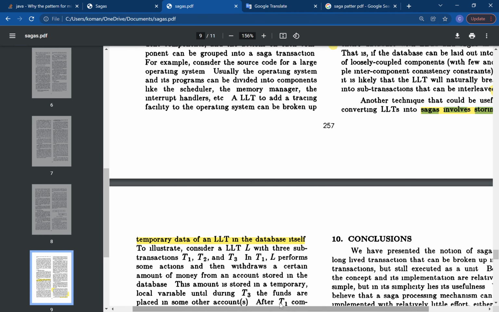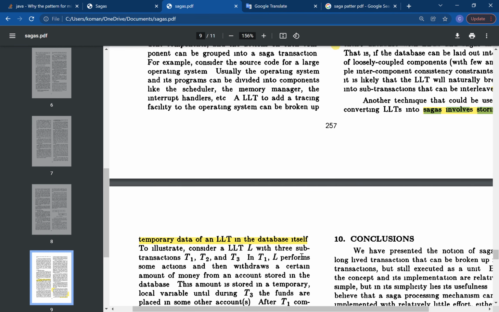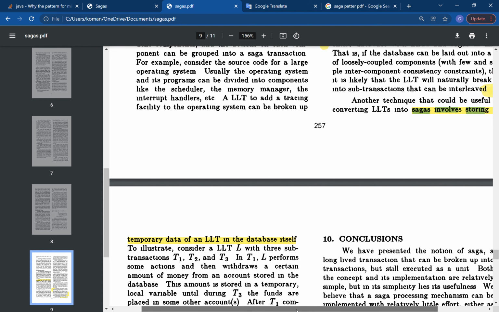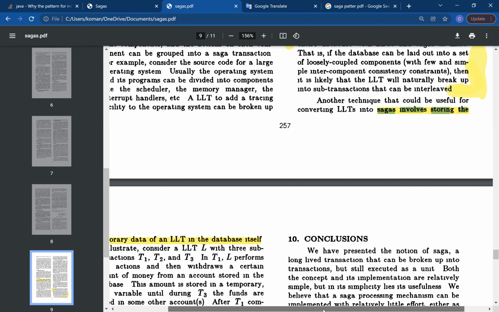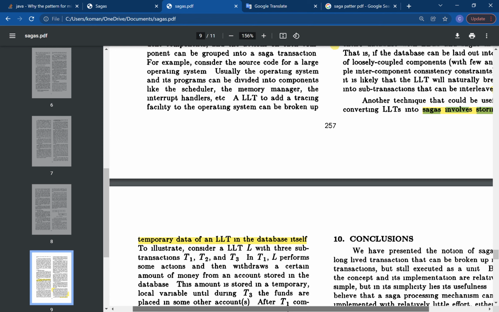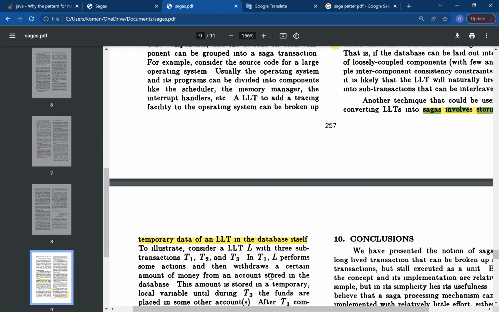They suggest introducing some temporary data to avoid locks, and it's suitable for some applications. Probably there will be another video about this approach, because it is already useful in some databases, and I will try to find a more suitable example for this idea.